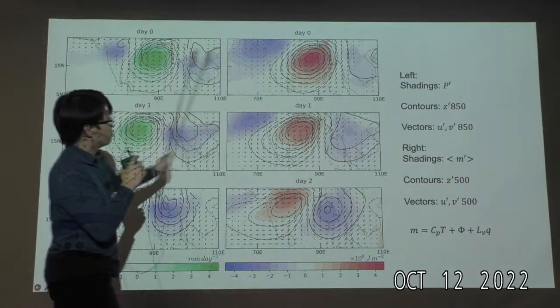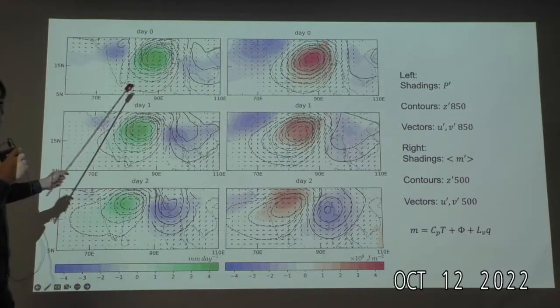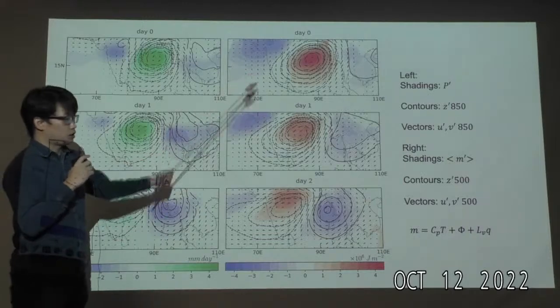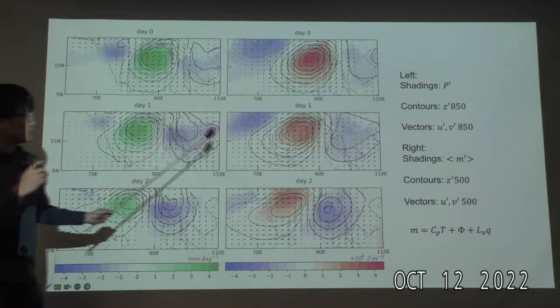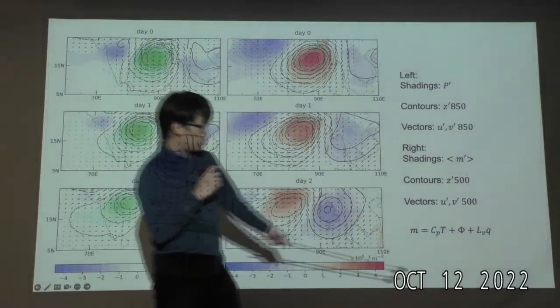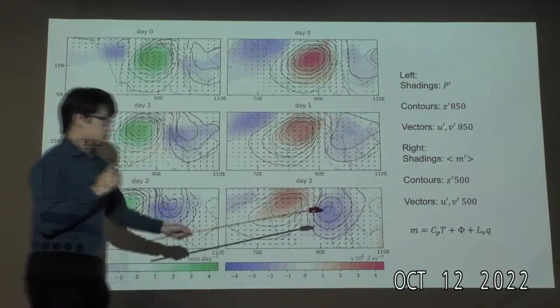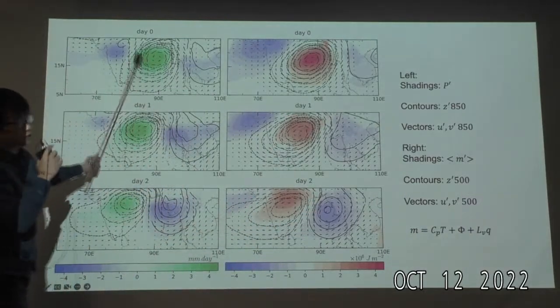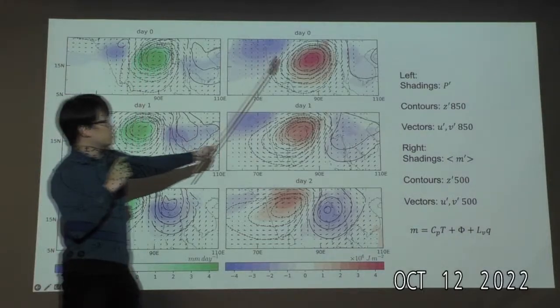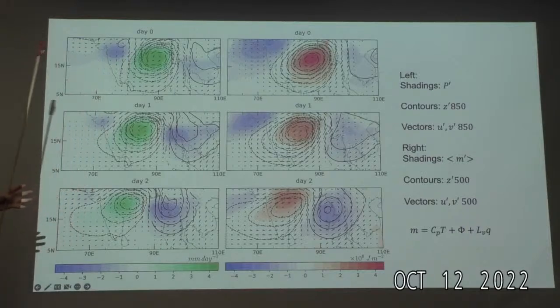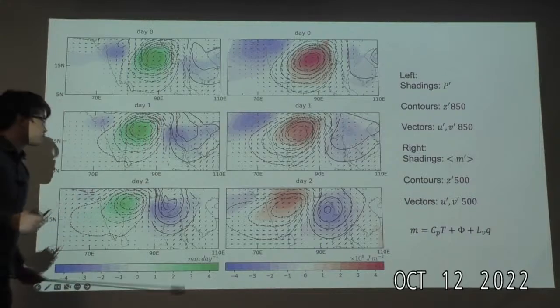If you compare these two panels, you can see that the feature of the propagation can be represented by the feature of moist static energy, which means that the moisture here is probably playing an important part in moist static energy. And if you compare the contours, this is 850 and this is 500. They are in phase with each other, which means there might be a vertical upright structure inside this kind of system.